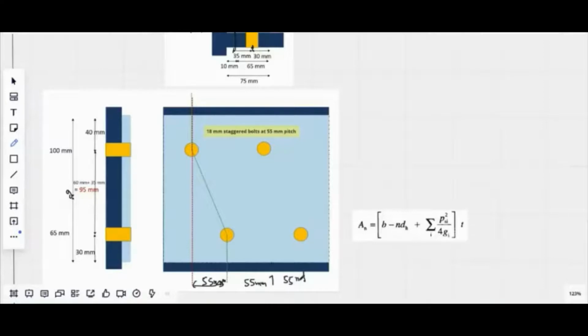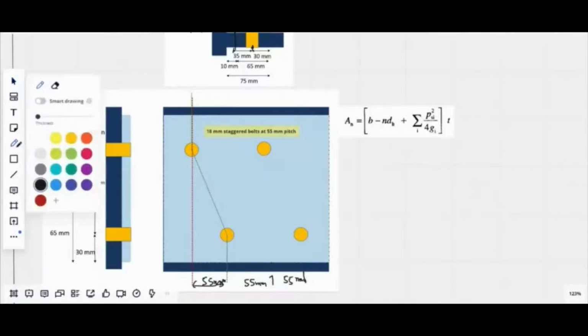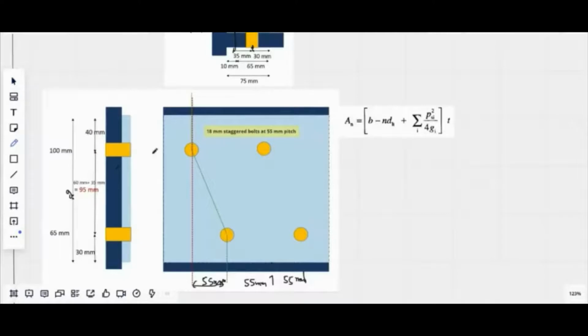So let us calculate the net area of the section like we calculated in the previous cases. Here we have unfolded the plates, calculated the center to center distance of the plate, and represented the total angle section as a single plate.